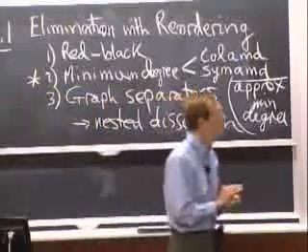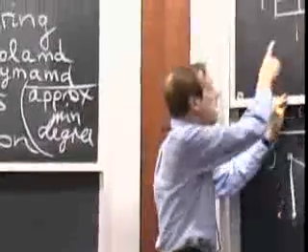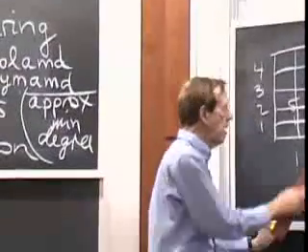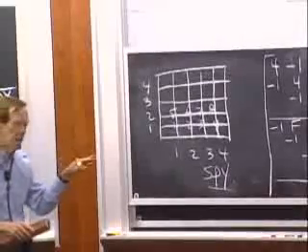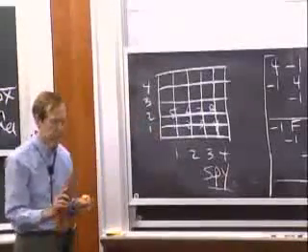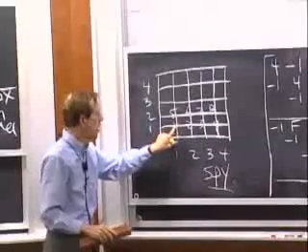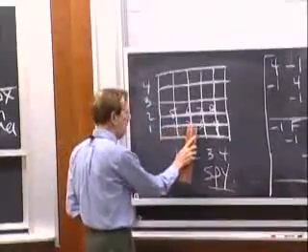Okay, what about red-black? Red-black, I'm simply going to imagine that this is a checkerboard. Well, it's the nodes that I'm looking at, not the squares. So that's red, black, red, black.